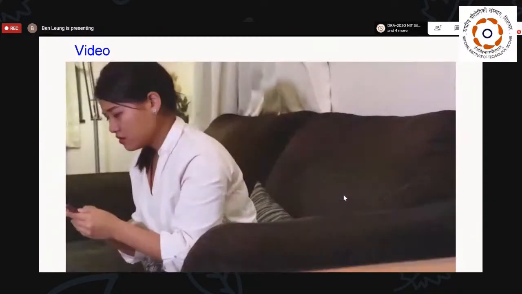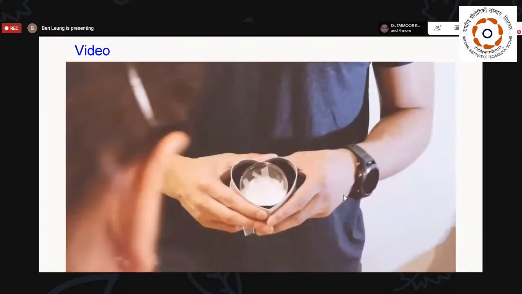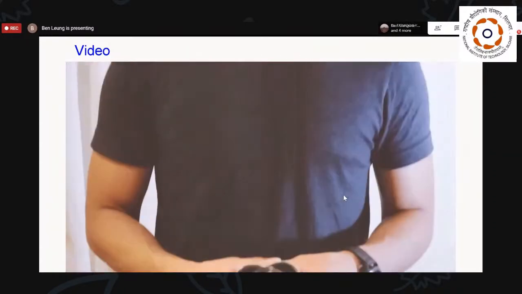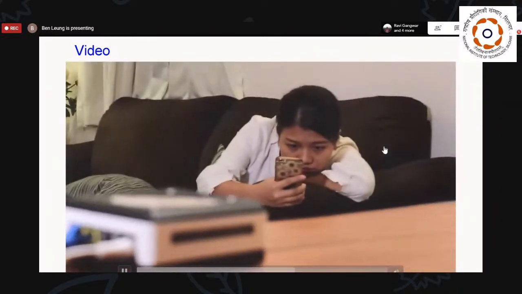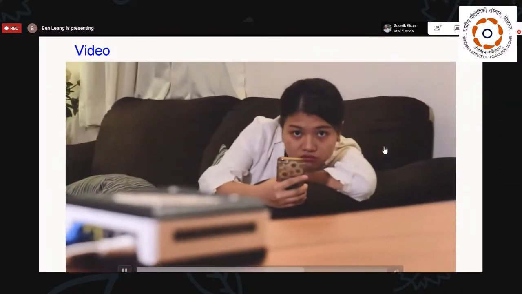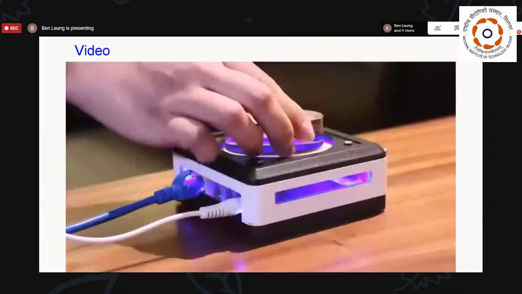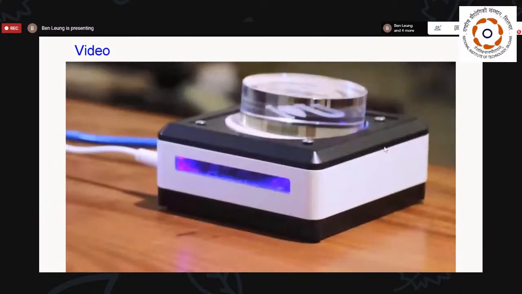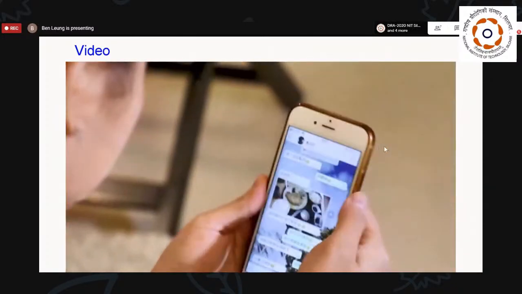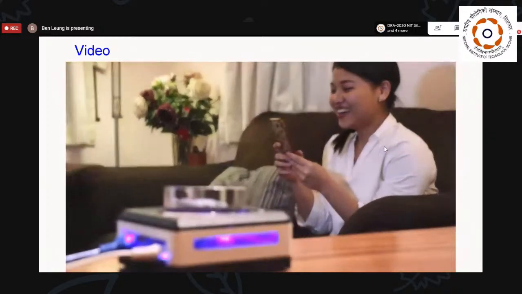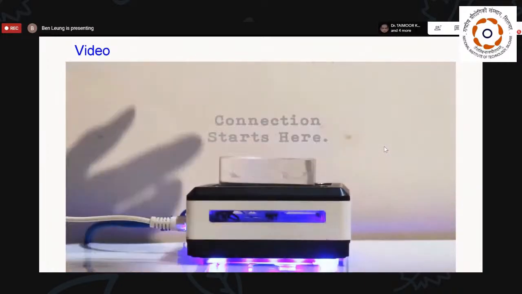Unfortunately, the Wi-Fi signal is not good. Now with the glass antenna on, the Wi-Fi signal is very good.